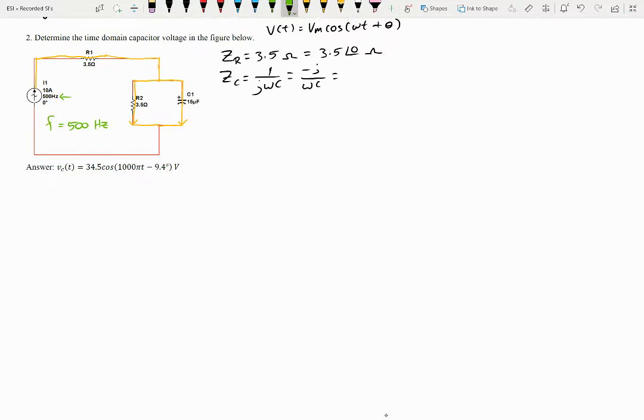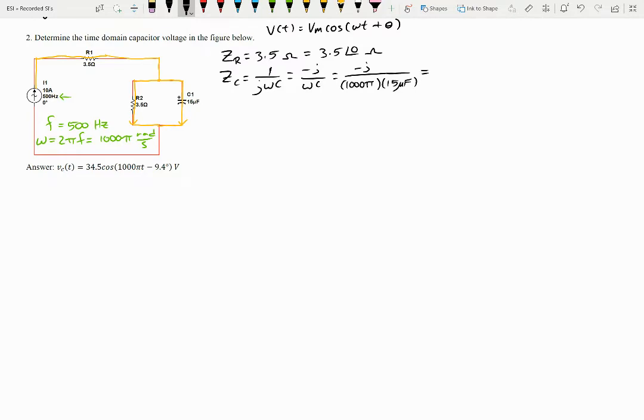To get it in radians per second, which is what we work with, we need to do 2 pi f, which will give us 1,000 pi radians a second. Okay, and that's what we need. So we'll do negative j over 1,000 pi, and our C value is 15 microfarads.